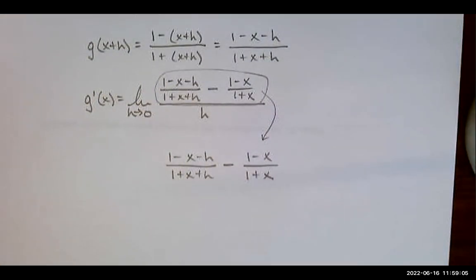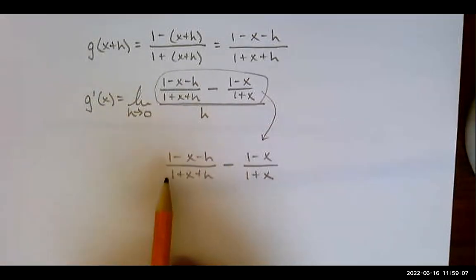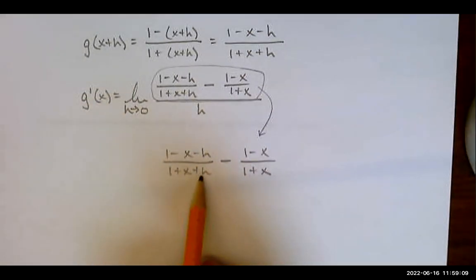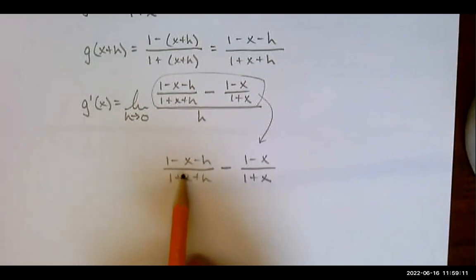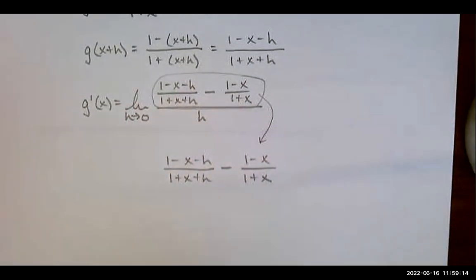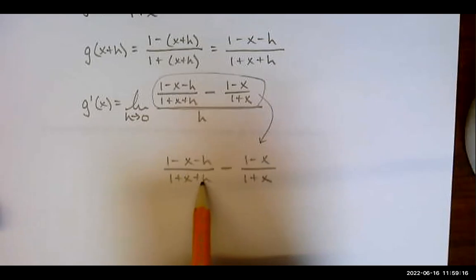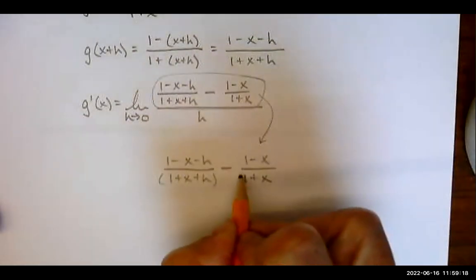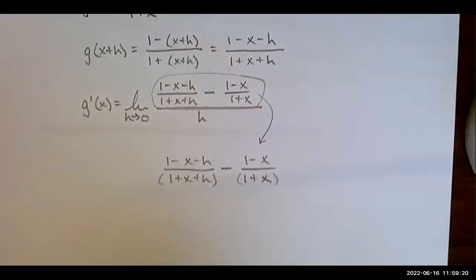Looking at this common denominator, you're like, well, 1 plus x plus h and 1 plus x, do they have 1 plus x in common? Actually, no. Because we're adding the h, we have to think of these denominators as completely separate factors.